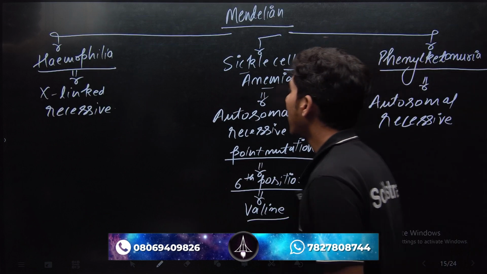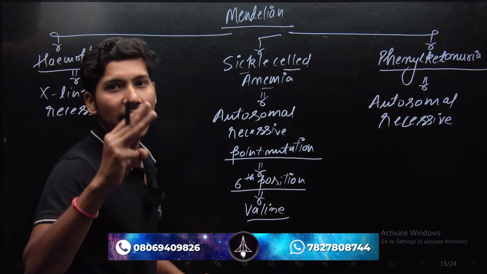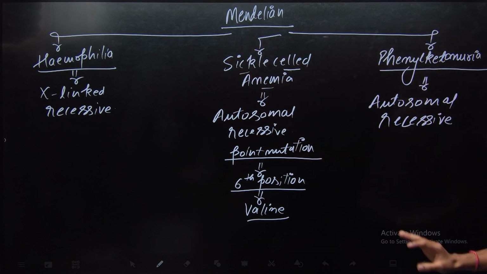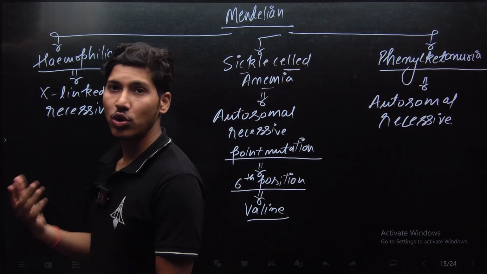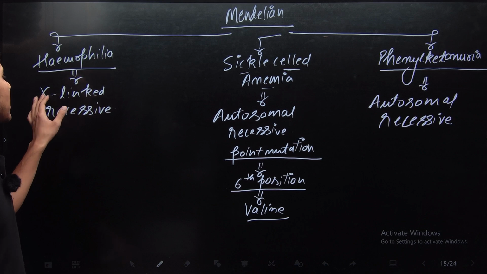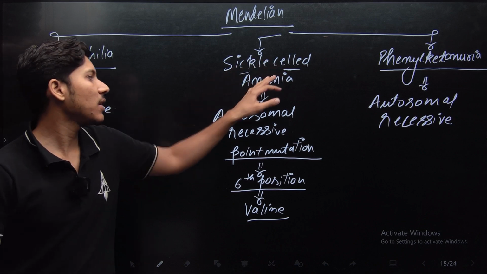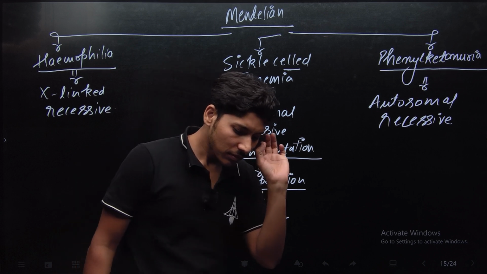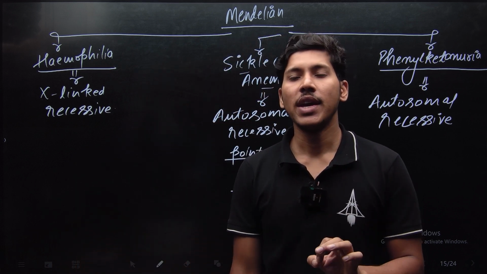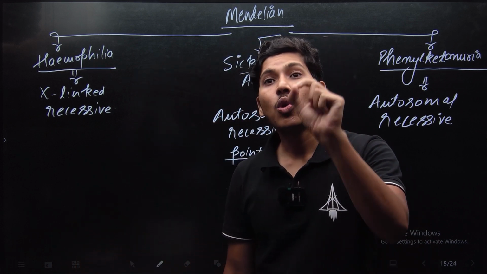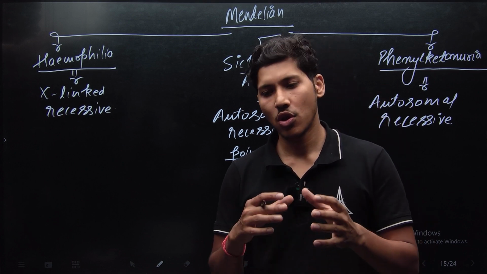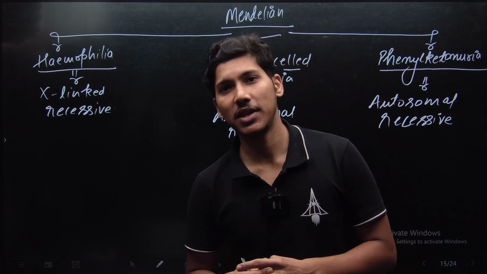Let's see. Mendelian disorders, you have to study three. First one is known as hemophilia, second is sickle cell anemia, and third one is phenylketonuria. Hemophilia is an X-linked recessive disorder. Sickle cell anemia is an autosomal recessive disorder caused by a point mutation in the gene coding for the globin chain of our RBC, red blood cell.